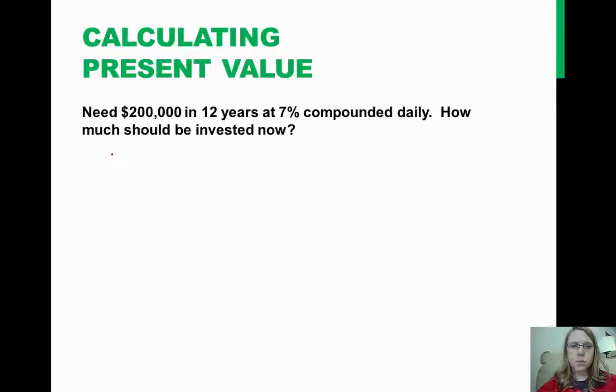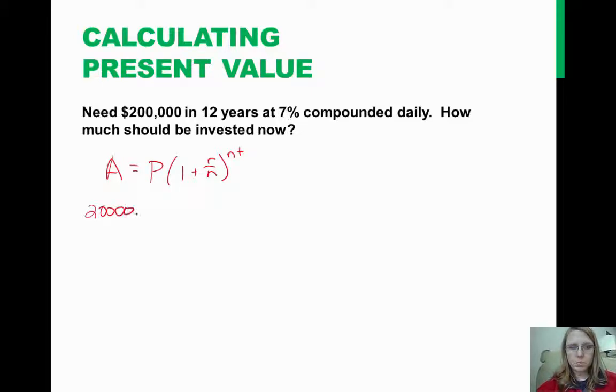So if you remember, we are using this formula, A equals P, and it's compounded more than one time a year, so it'll be 1 plus R over N to the NT. We want to find P. We don't know how much we're putting in now to get $200,000 in the future.